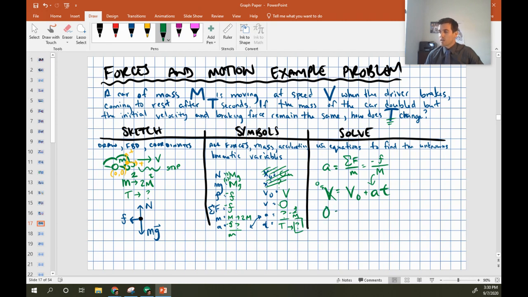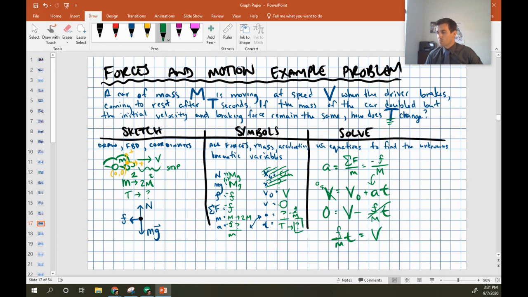So we get 0 equals v, minus F over m times t. Well, I'm trying to see how t is going to change, so let's get t by itself by adding this F over m times t to both sides. So I get F over m times t equals v, because I added it to both sides. That got rid of it on this side and put it over here.